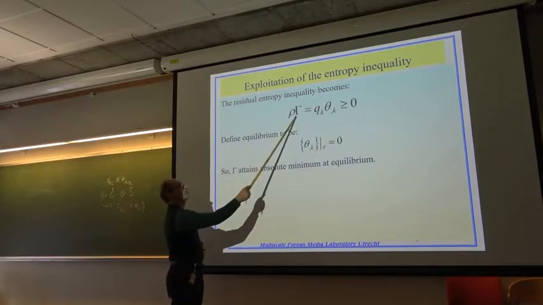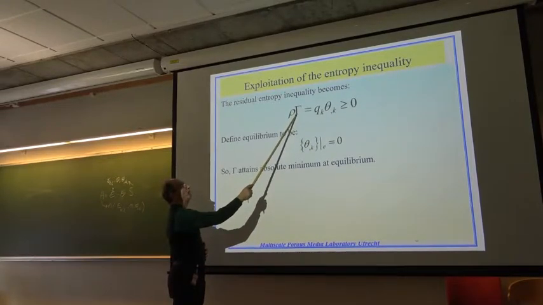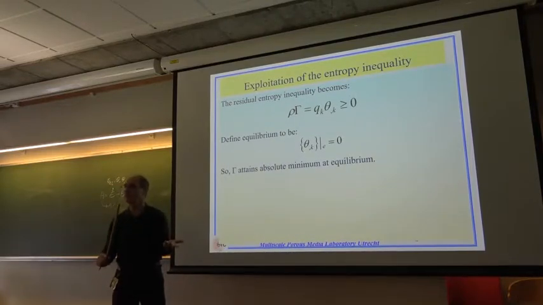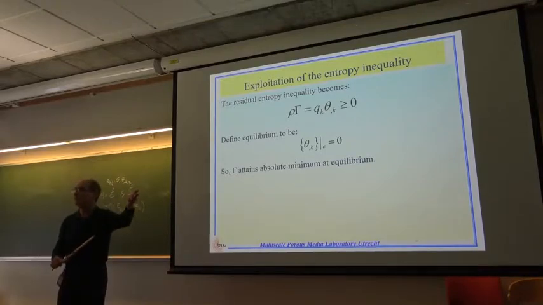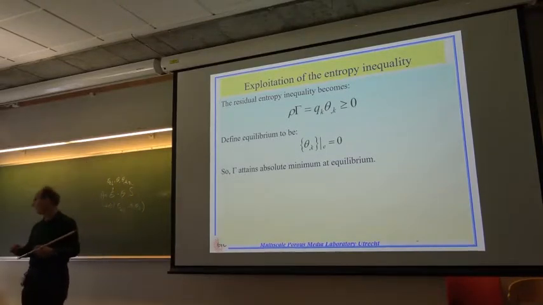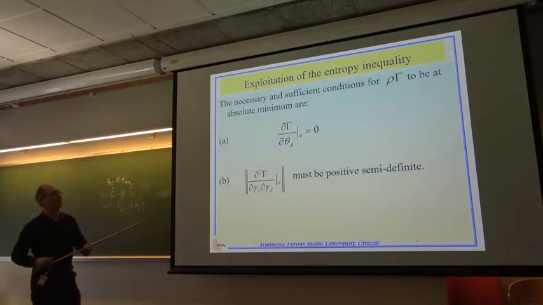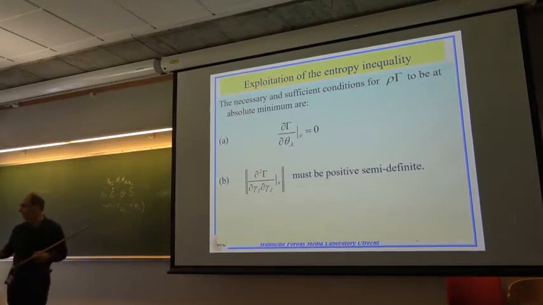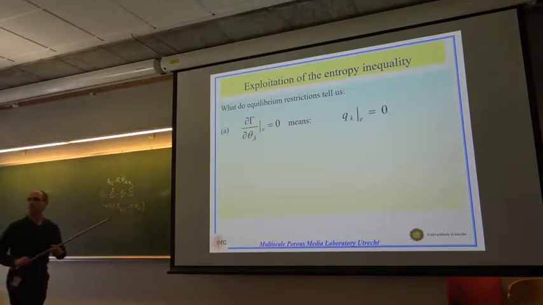If it is at absolute minimum, that means under these conditions, the derivative of gamma with this variable must be zero, and the second derivative must be positive definite to be a minimum. So we get these requirements. These are absolute mathematical requirements: this must be zero and this must be positive semi-definite. Now the first one will tell us that the heat vector must be zero at equilibrium.